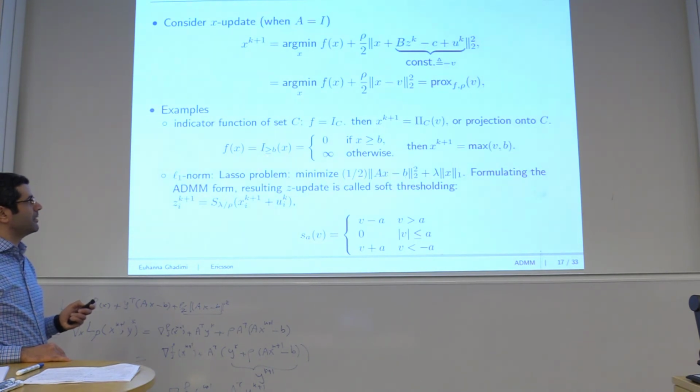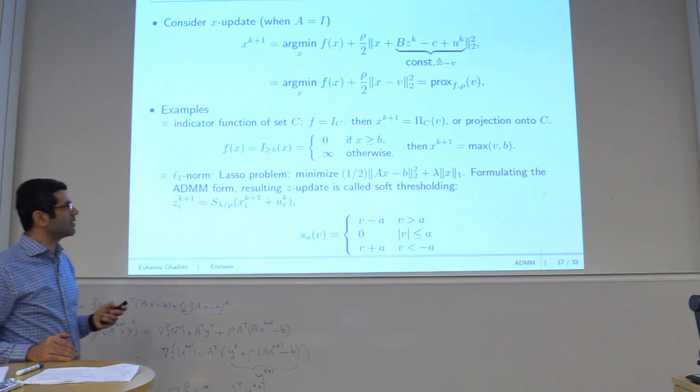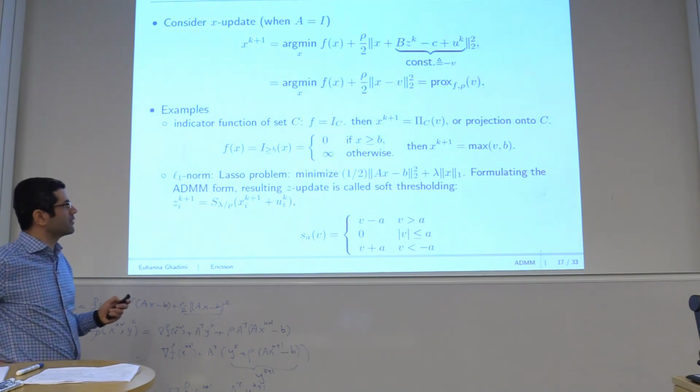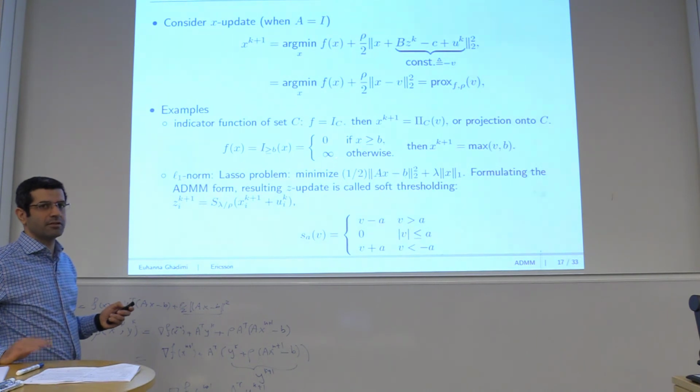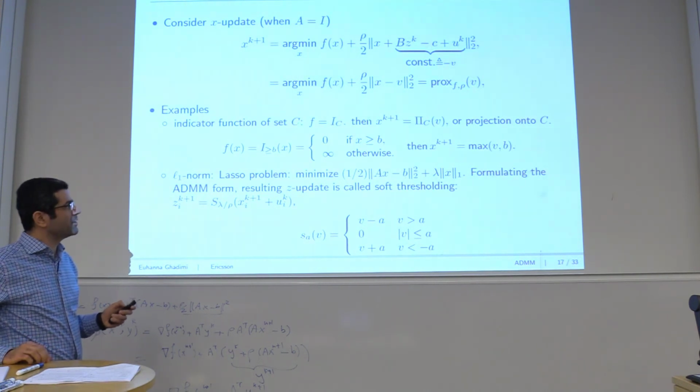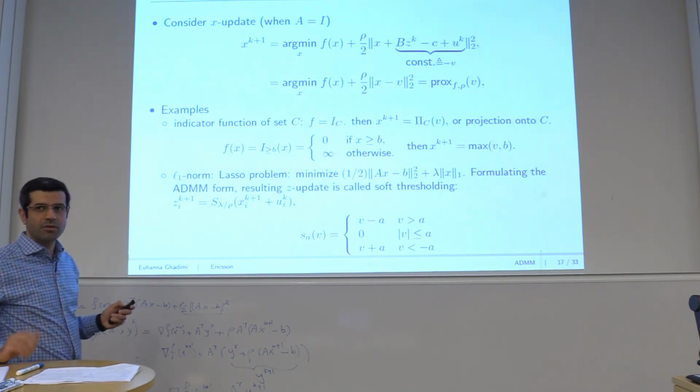So indicator function is something like if you satisfy a constraint or a condition, for example, if your x is bigger than a b vector, then you have cost of 0. Otherwise, the cost is infinity, it's really harsh. So you immediately can see that it can embed almost all of the constraints that we have, in terms of these affine constraints.